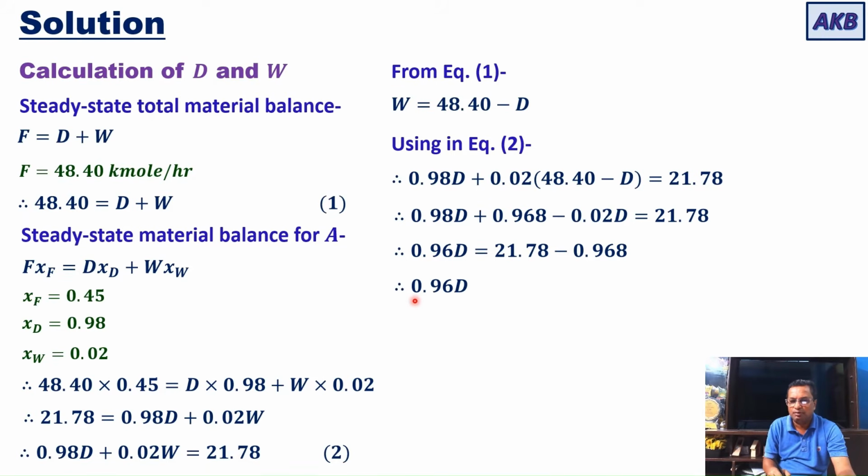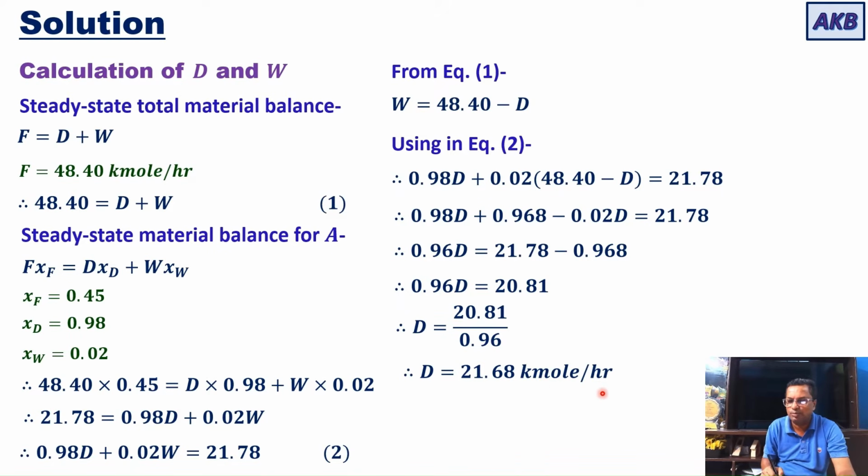Therefore, 0.96 D is equal to 20.81. 21.78 minus 0.968 is 20.81. That is D is equal to 20.81 divided by 0.96, that is D is equal to 21.68 kilomole per hour.